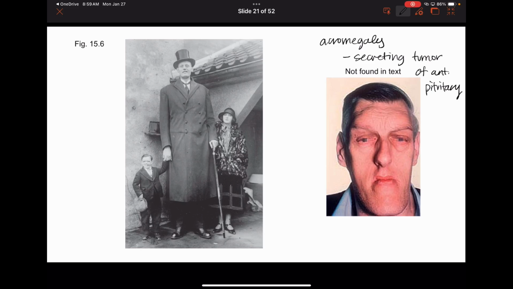Any questions? Is it the same thing for the gigantism? Like, it's a tumor on the anterior part? Yeah, usually. I knew a child that had a pituitary tumor, and he had to have numerous surgeries.